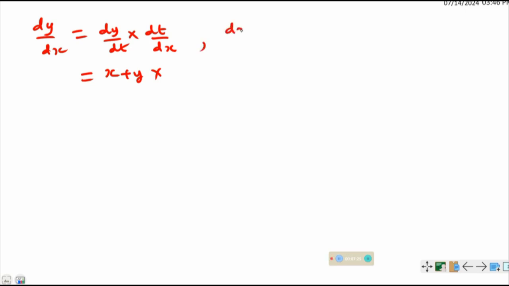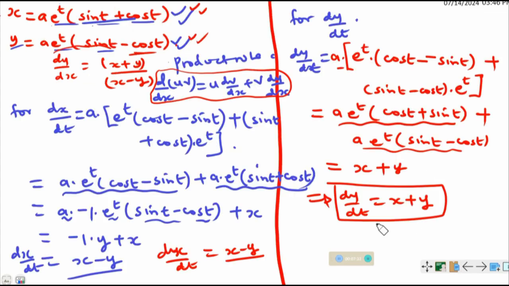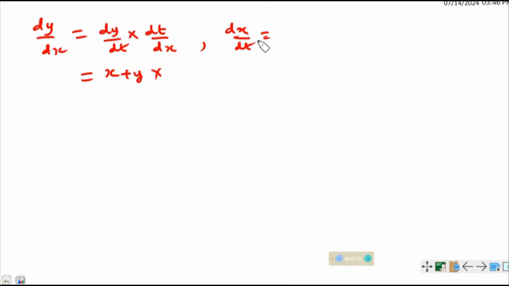So we are having dx dt as x minus y. So for this case, if we have this as x minus y, then it implies that dt dx is actually the same as 1 upon x minus y.